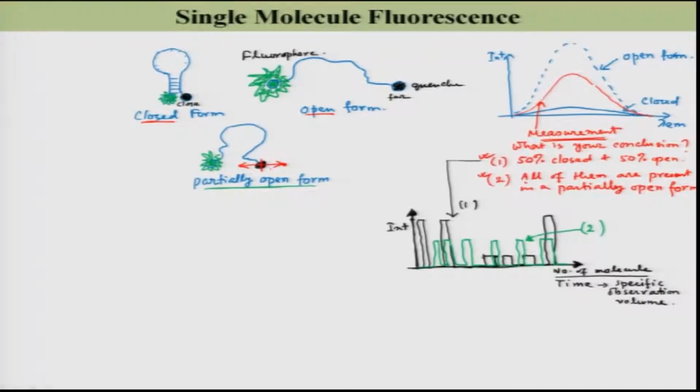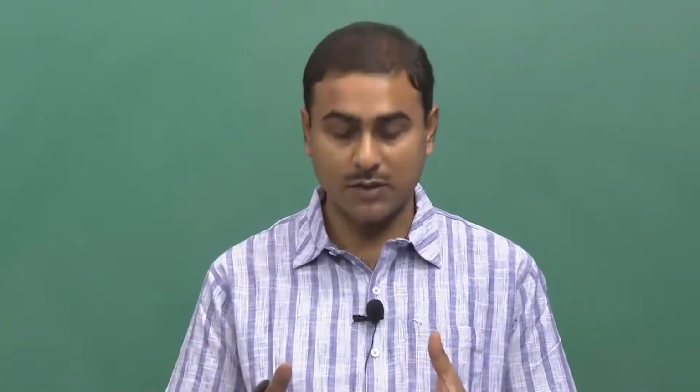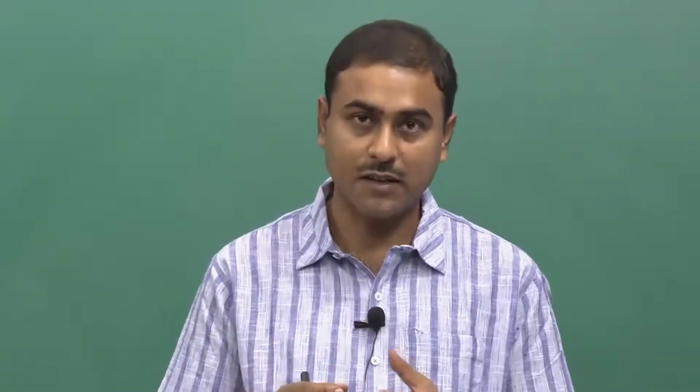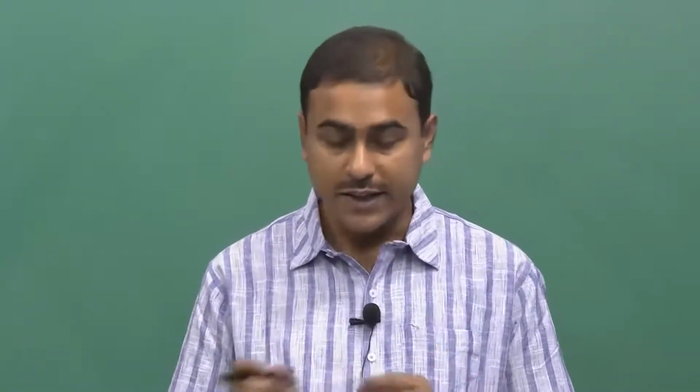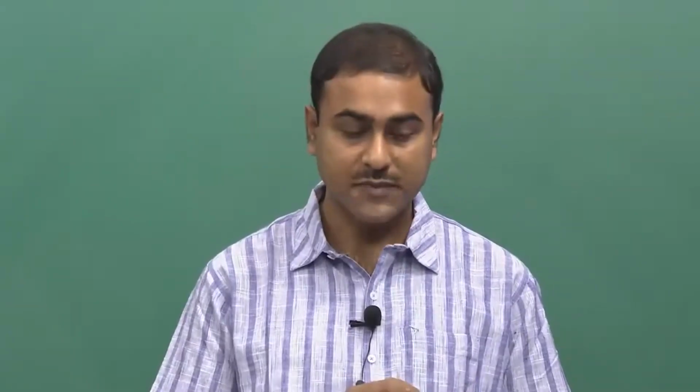That means there will be some fluorescence intensity fluctuation within this molecule. There is not much change in the structure, both are partially open form, but there is a small change in the structure within this partially open form. It is not converting between the closed form and open form, not that big a fluctuation, a small fluctuation, but that small fluctuation is good enough to change the fluorescence characteristics of this molecule.